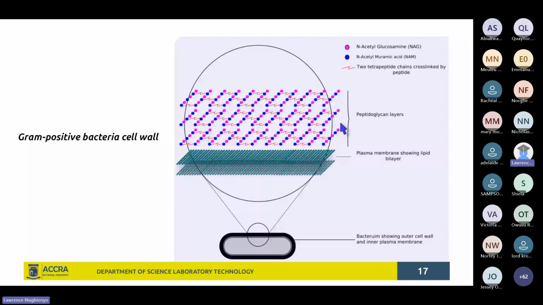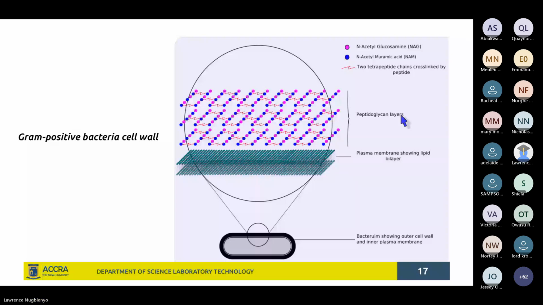So here you are seeing it, the peptidoglycan layer. The thin black part of that bacteria which is being shown has a plasma membrane, the cell membrane. We'll come to look at the plasma membrane much more, which is a bilipid layer. And covering it is the cell wall of the bacteria, which is made up of peptidoglycan.